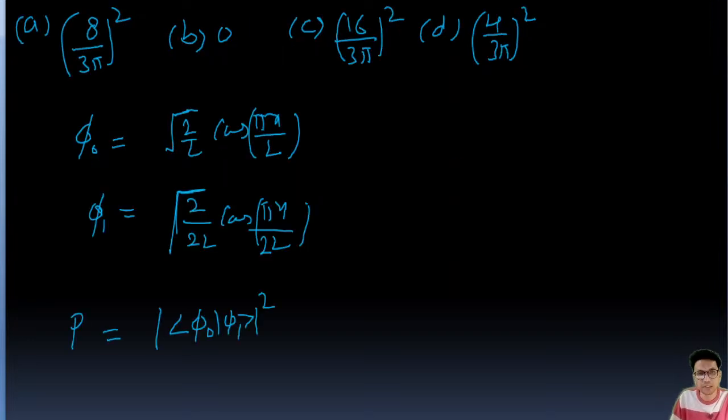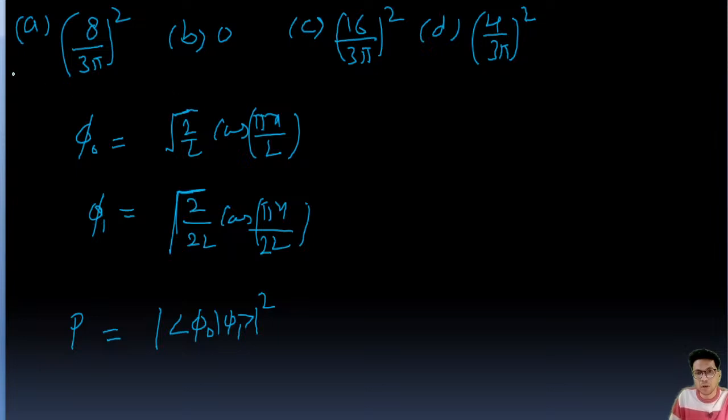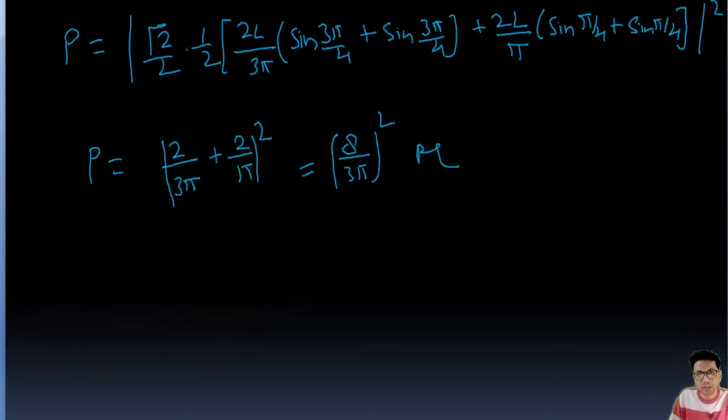Which option is matching? Let's see. Option number A is matching, 8 upon 3 pi whole square. This is the answer, guys.